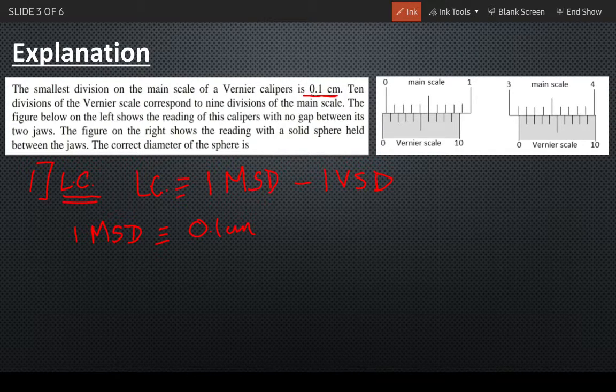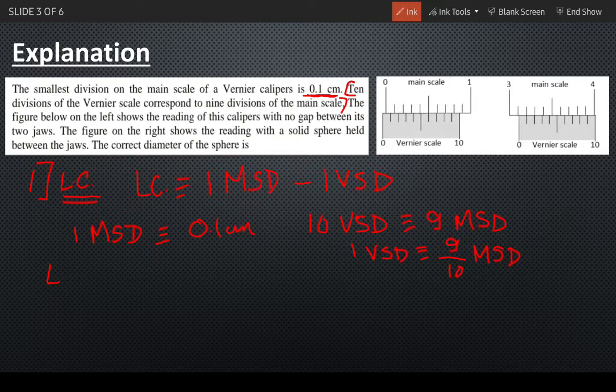It is given in the question over here on the top, and we are given in the second line of the question that 10 vernier scale divisions correspond to 9 main scale divisions. From here we can find 1 vernier scale division equals 9 by 10 main scale divisions.